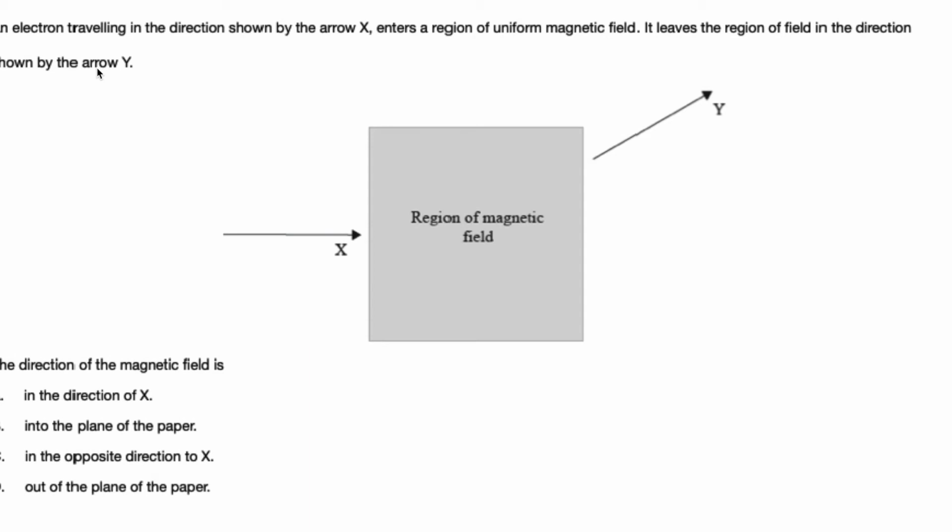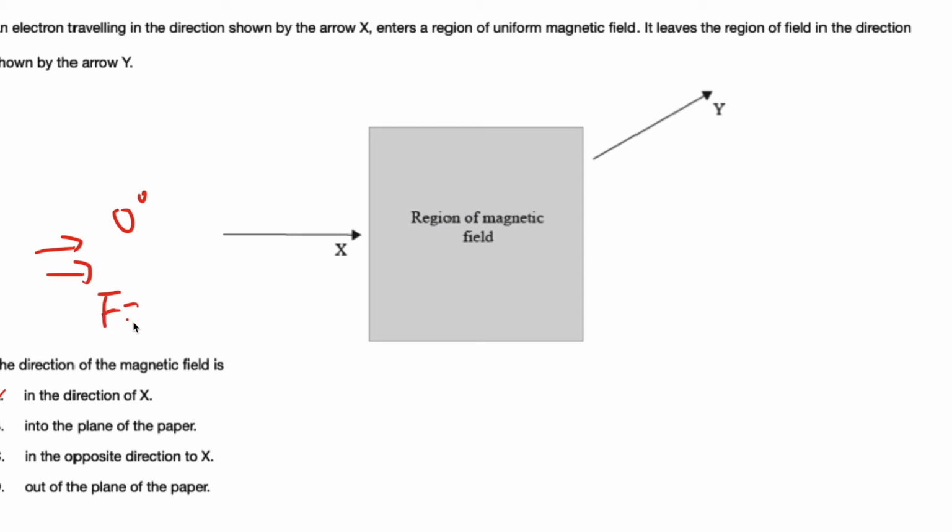An electron is traveling in the direction shown by the arrow X into a region of uniform magnetic field. It leaves the region of field in the direction shown by arrow Y. The direction of magnetic field is? So in the direction of X, we know this cannot be true, because if it is in the same direction, it's gonna have an angle of 0.